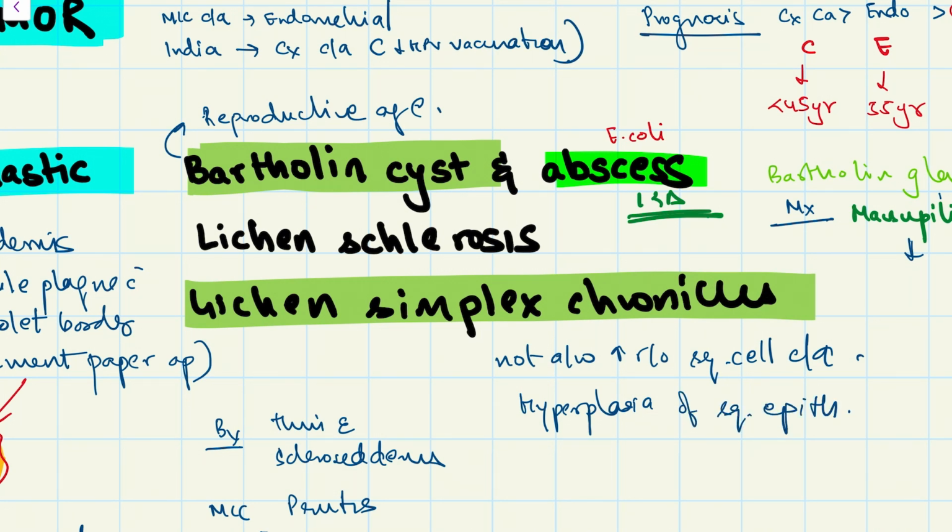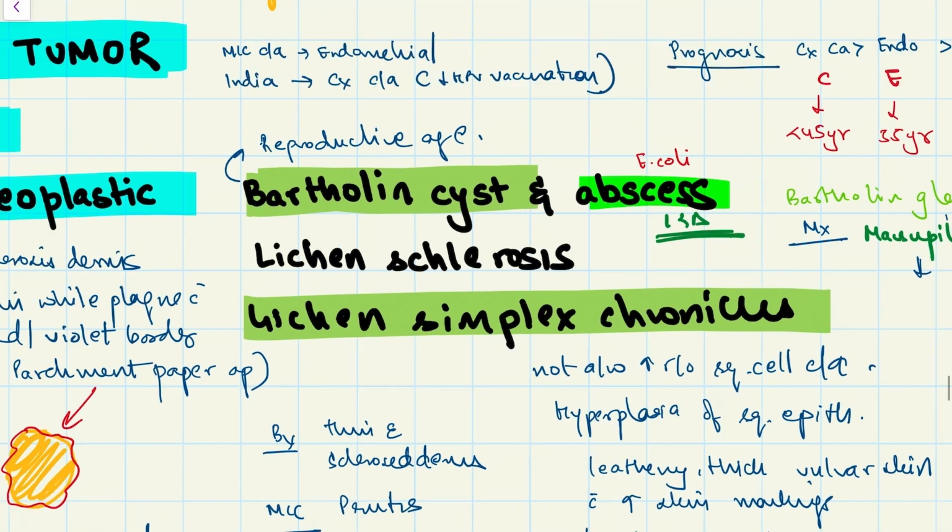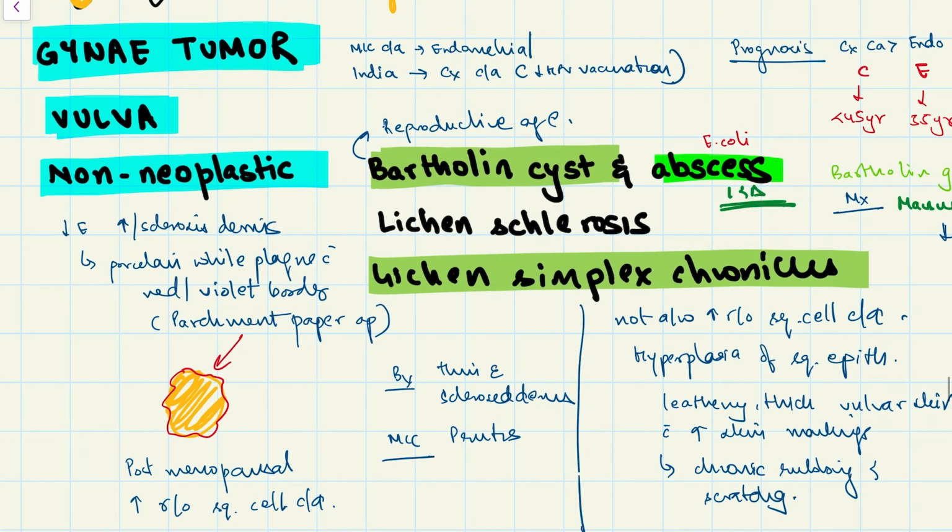So, the patient presents with a leathery and a thick vulvar skin with enhanced skin markings. Why? Because there is chronic rubbing and scratching. So, this is lichen sclerosis and this is lichen simplex chronicus.